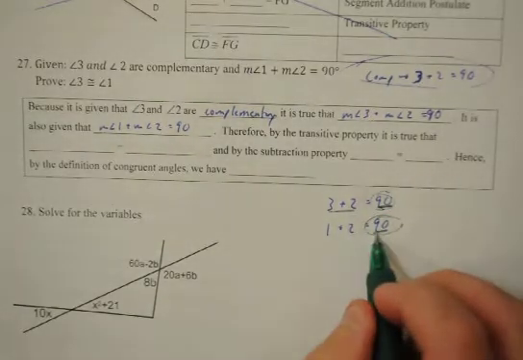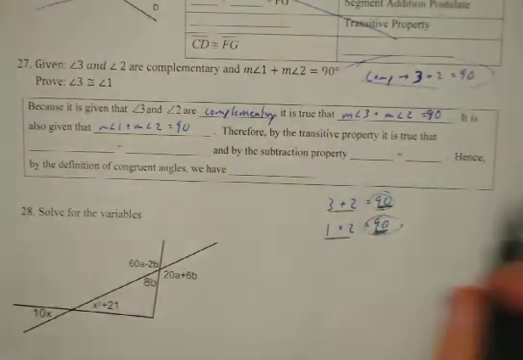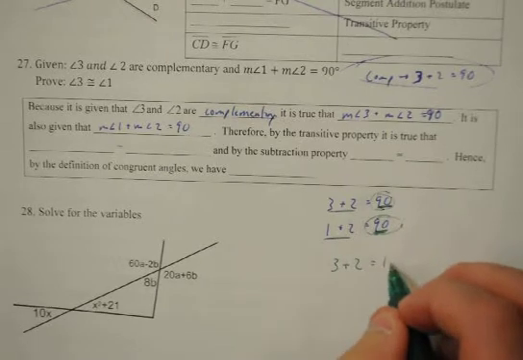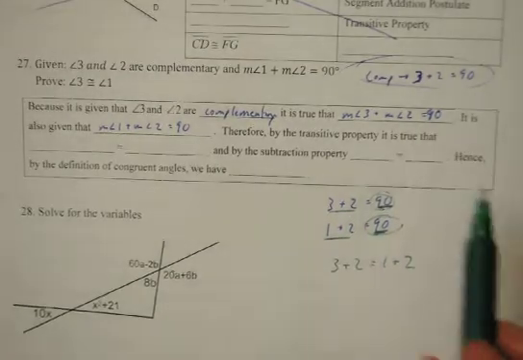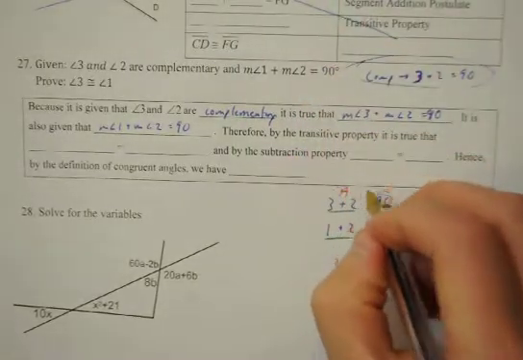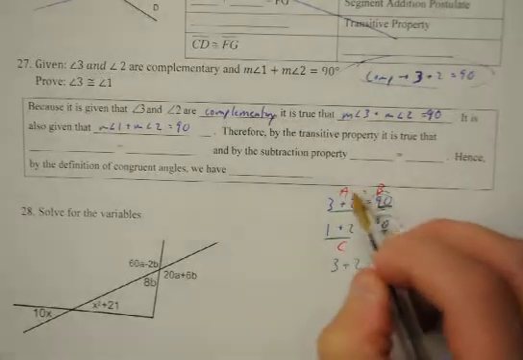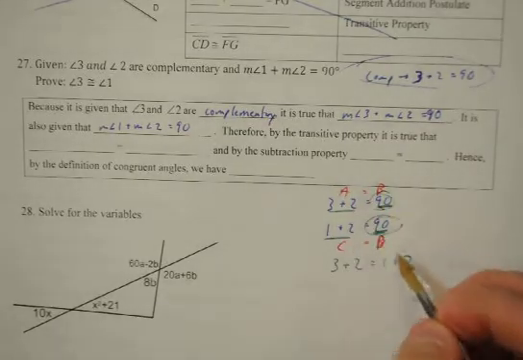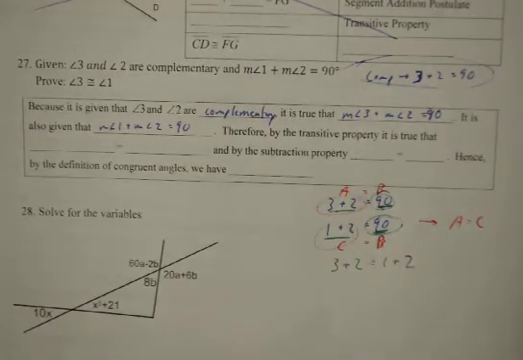If these are both equal to 90, then they are equal to each other. And you can think of this as like a transitive property where A is equal to B and B is equal to C. Therefore A is equal to C. This is equal to this.